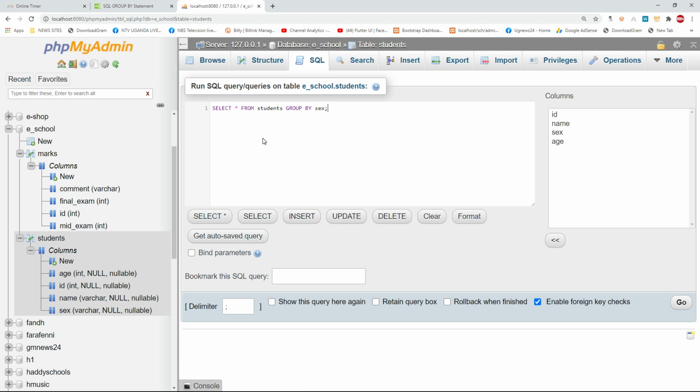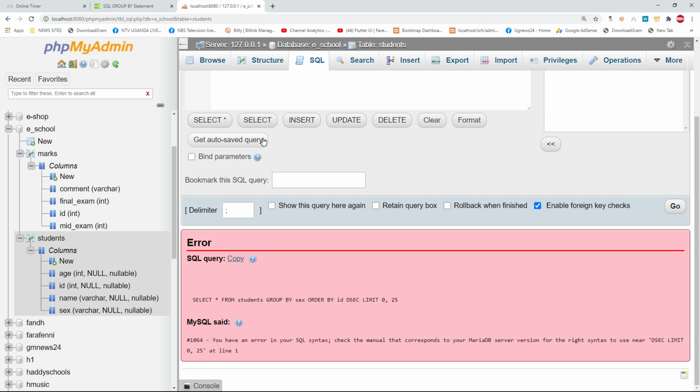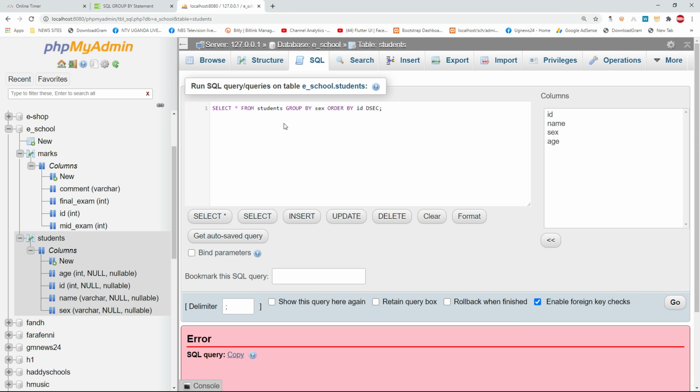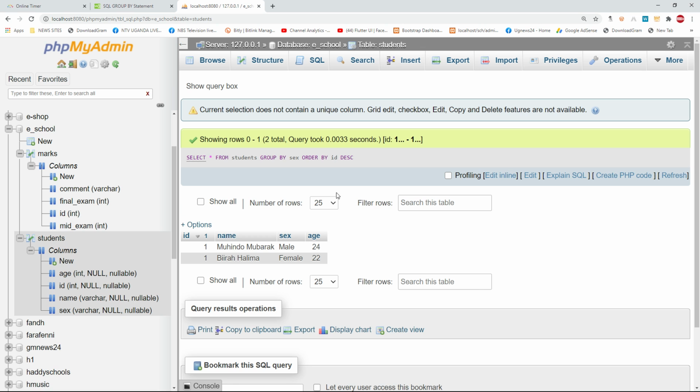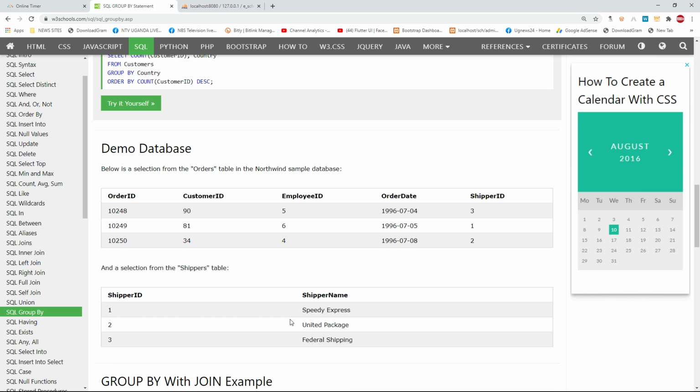I can say order by ID desc. So it will begin from what? From descending order. Select all from the table order by ID desc. If I run it, you see it will begin from the bottom at this moment. So that is group by.